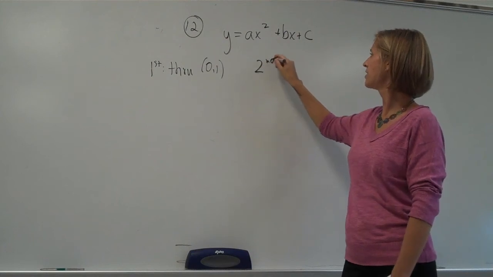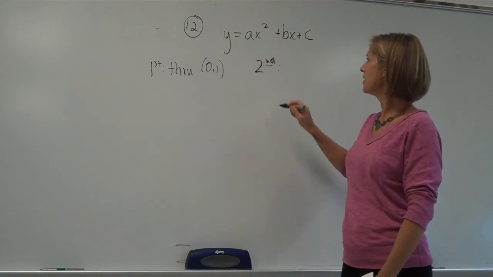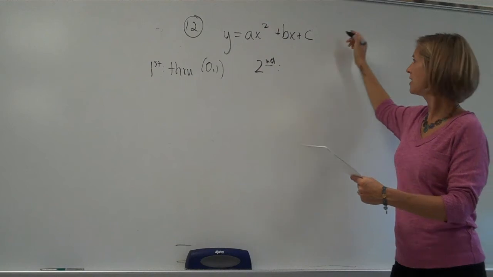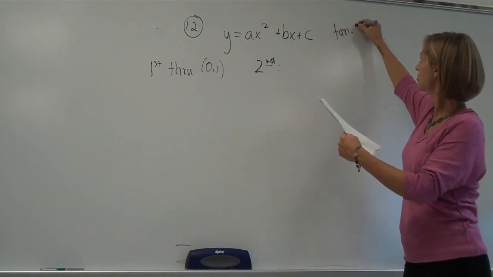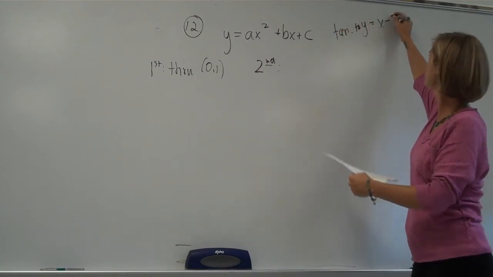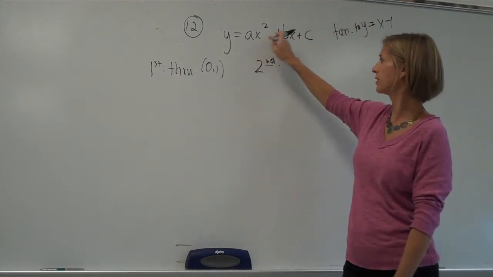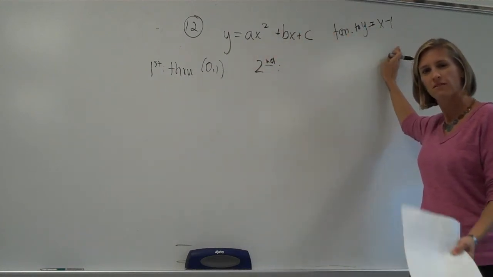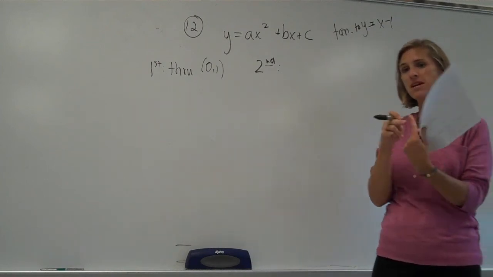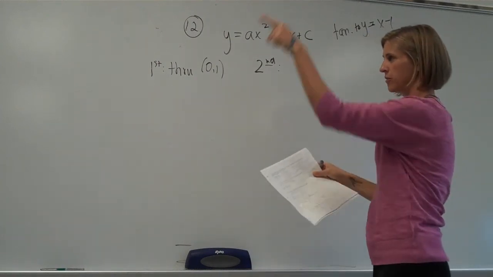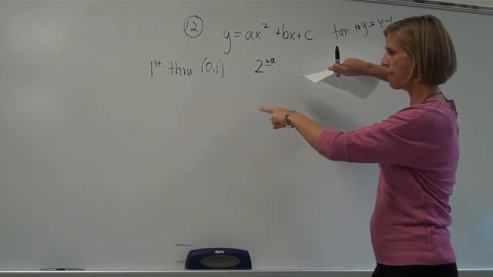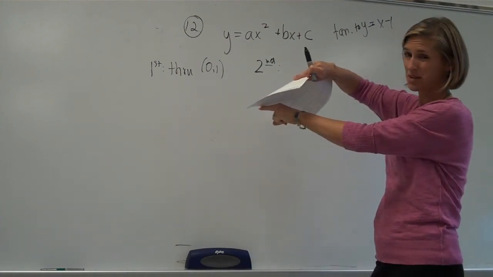The second thing I know is that if this parabola is tangent to the line y equals x minus 1, then this parabola and this line share a point. Because if they're tangent to each other, they are going to meet at one point, and the parabola is going to do its thing, and the tangent line is going to go off from it. But at one point, they're going to meet.